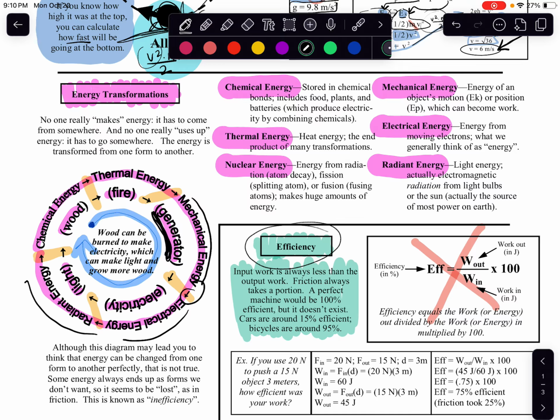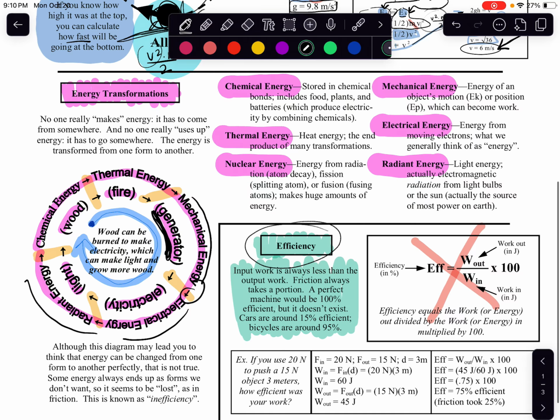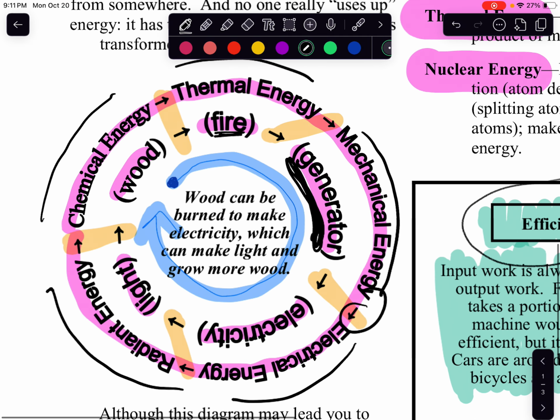We can take electrical energy and turn it into radiant energy, a light. I can flip a light switch and turn on a light. I can take light energy and turn that into chemical energy. Think of an example like wood, where you're going to light it on fire. That's also going to produce radiant energy. So fire is a lot of times a little confusing because it can be both. So they tell us in the center here, wood can be burned.